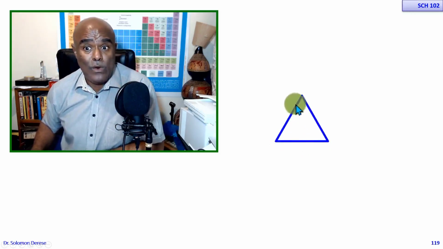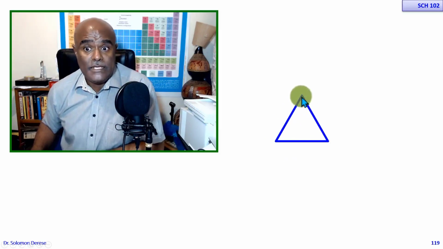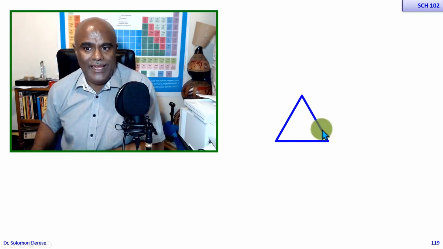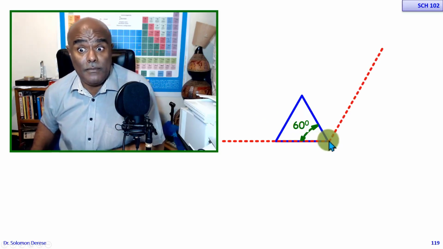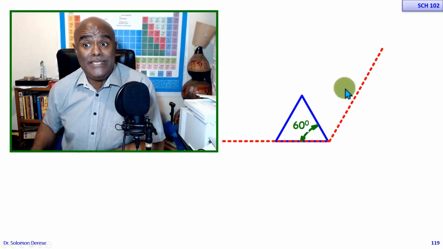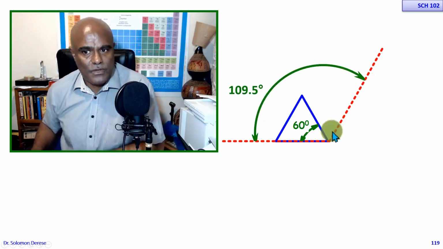As a result, all the 3 carbons are in the same plane. Since they are in the same plane, this bond angle can only be 60 degrees. As an sp3 hybridized carbon, the bond angle was supposed to be this much, 109.5 degrees. That's not possible.